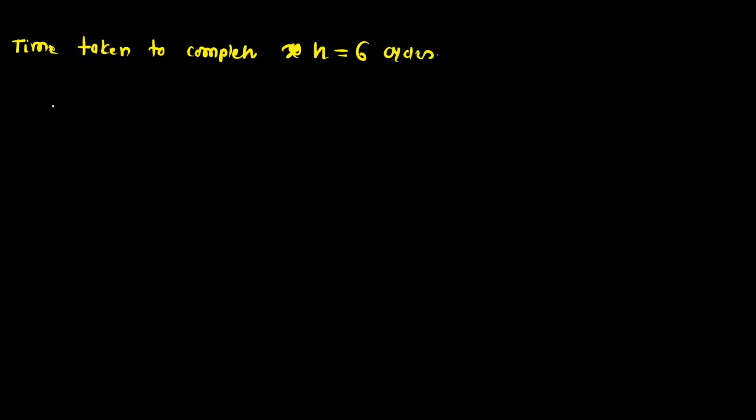So for one cycle, what is the time taken? As we have the equation for the natural frequency omega n, which is square root k by m, from this equation we will get the time period. It is equal to 2 pi upon omega n. So this is the time for one cycle.